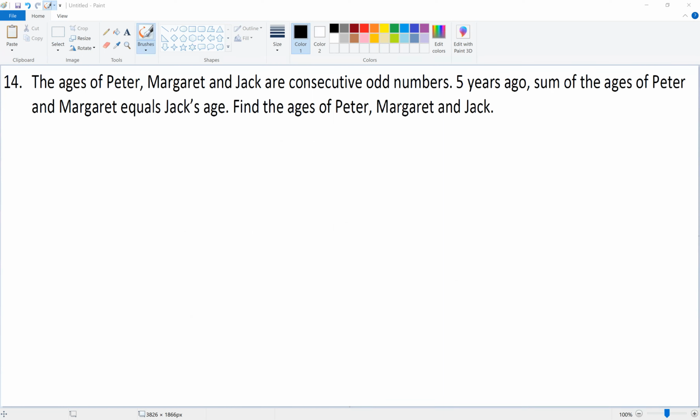Sure. The ages of Peter, Margaret, and Jack are consecutive odd numbers. 5 years ago, the sum of ages of Peter and Margaret equals Jack's age. Find the ages of Peter, Margaret, and Jack. So did you not understand the question? Yeah. Okay, this was a little difficult question.